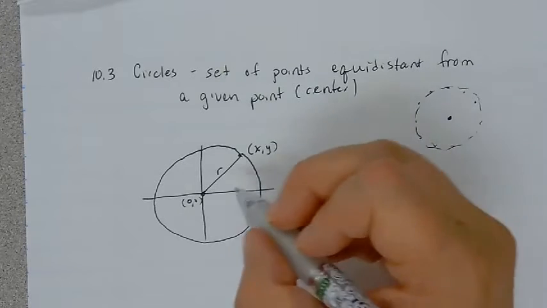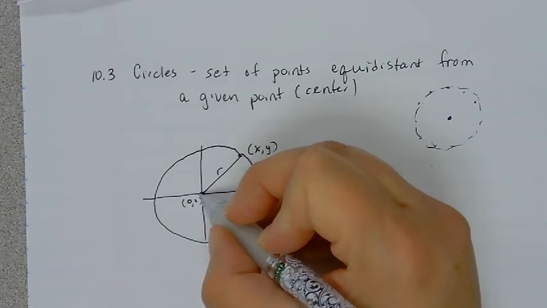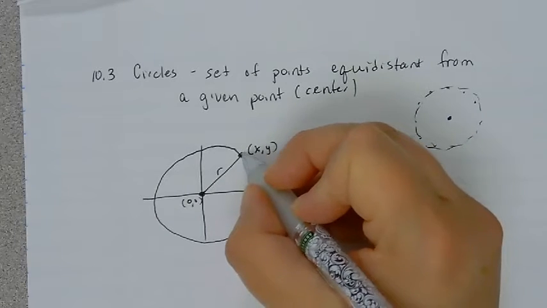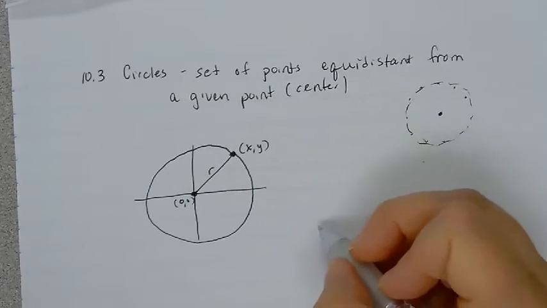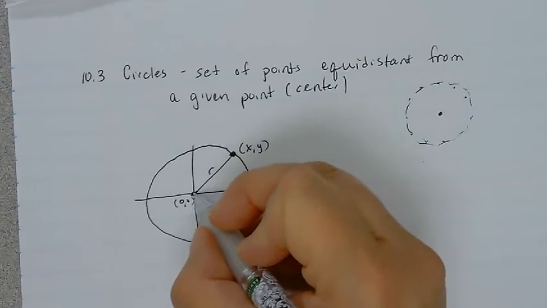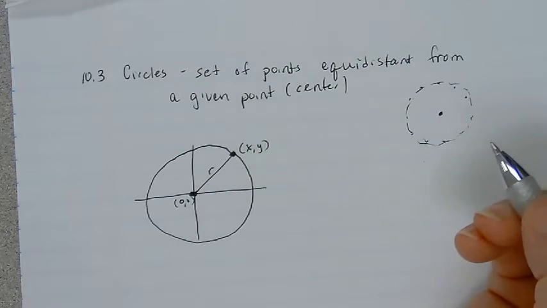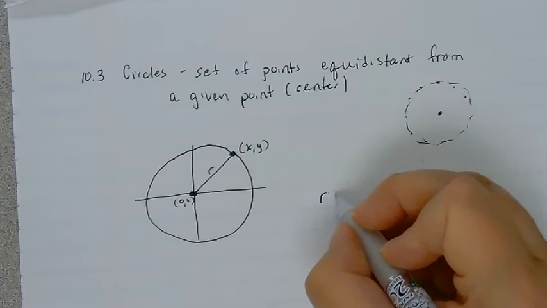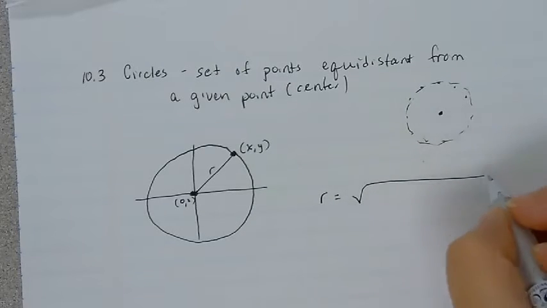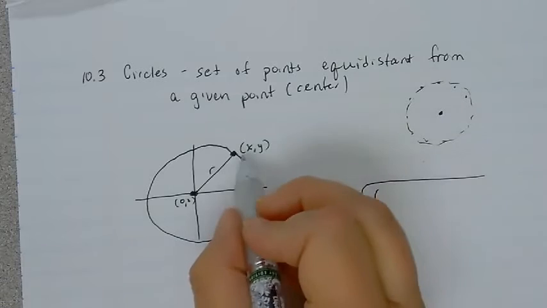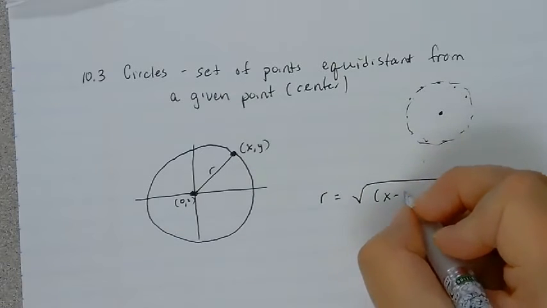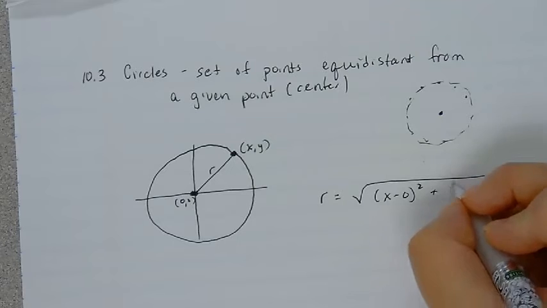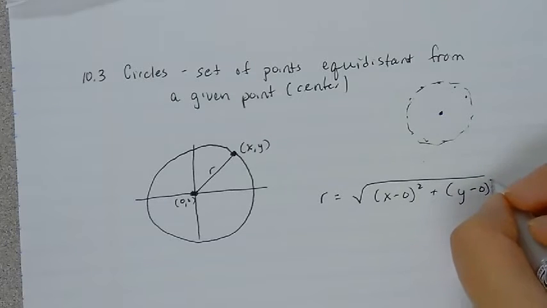So if you think about this, if you wanted to find the radius from a circle that has a center at the origin, you could use the distance formula: R equals the square root of an x value, subtract the other x value, squared, plus y, subtract the other y value, squared.